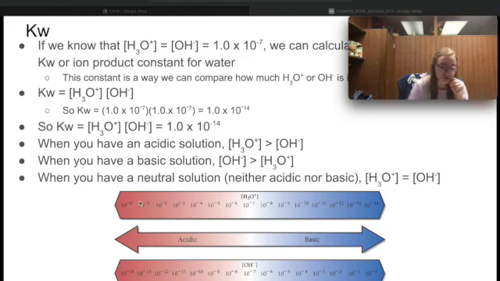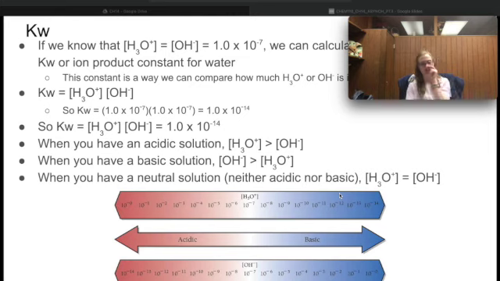So really big numbers over here, really small numbers over here in comparison. So if I have something that's really acidic, I'm going to have a high concentration of H3O+, but that means I tend to have a low concentration of OH-.